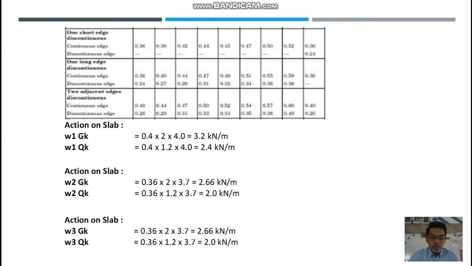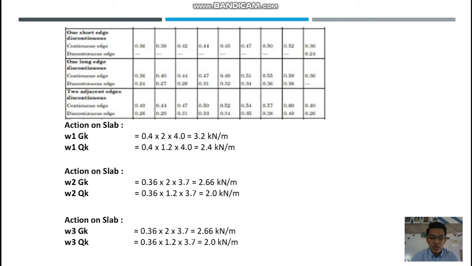And for FS9, the type of position for slab is one short edge discontinuous, and the value is 0.36 for beta Vy. And the value for Gk and Qk for each slab, as you can see here.